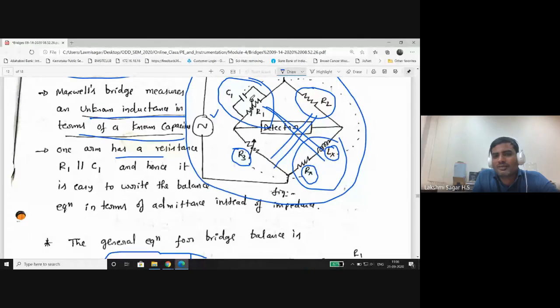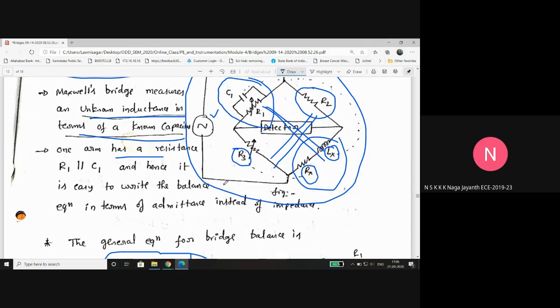See here, the C1 is connected in parallel with R1. So if the capacitor is connected in parallel with R1, you have to represent it in terms of admittance instead of impedance. What is admittance? Any one of you?